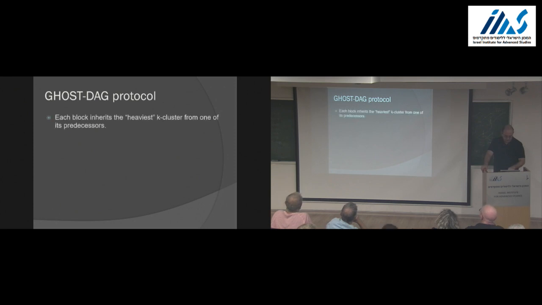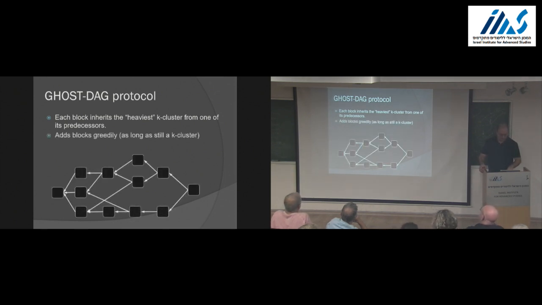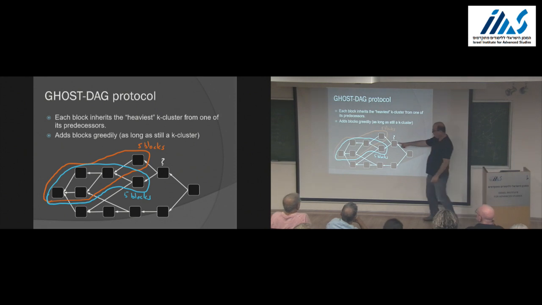So here's the greedy protocol. We're just going to build the K cluster by going along the DAG. You inherit the K cluster from one of your predecessors, and you add blocks greedily to the K cluster. So let me give an example of what I mean. Let's suppose I'm this block.